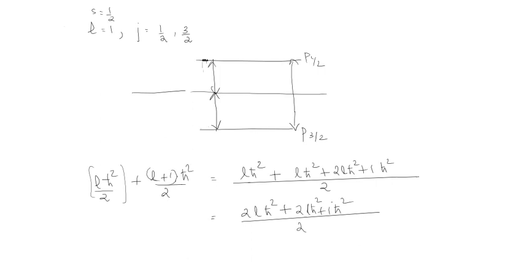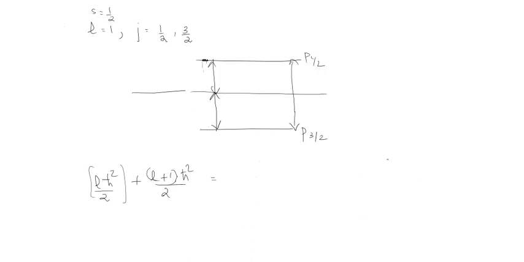Oh, one minute. Not like this. L H cross square plus, this was L plus 1 H cross square, right? So it will be like this, right? So it will be 2L.